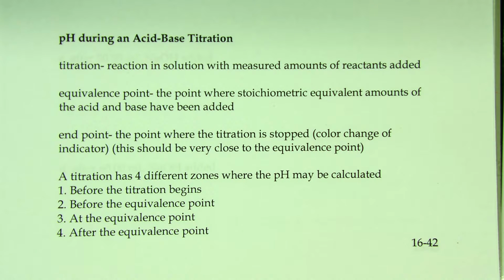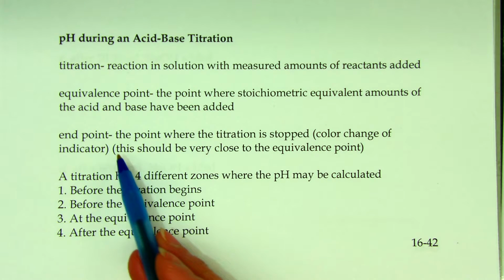And you were instructed to look for that first very faint tinge of pink, where it's just barely pink. But some of you have a heavy hand on the stopcock and you got dark pink, right? And it's usually only one drop between faint pink and dark pink.